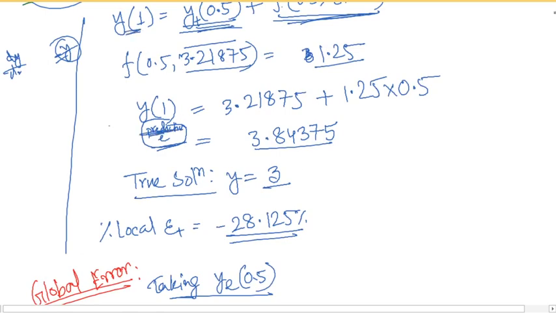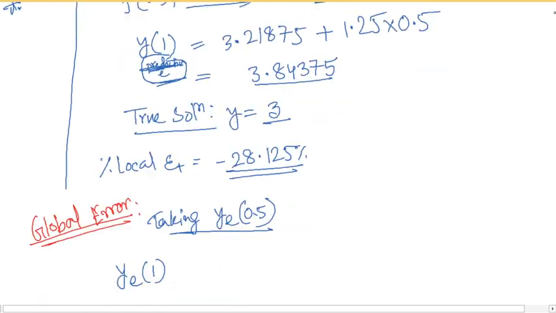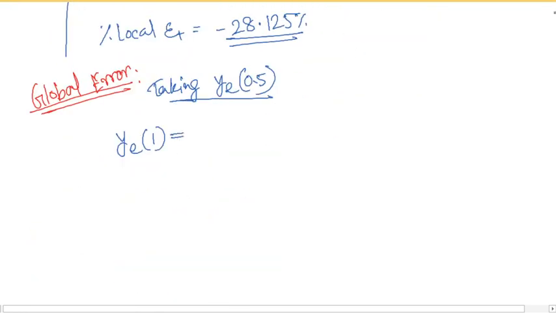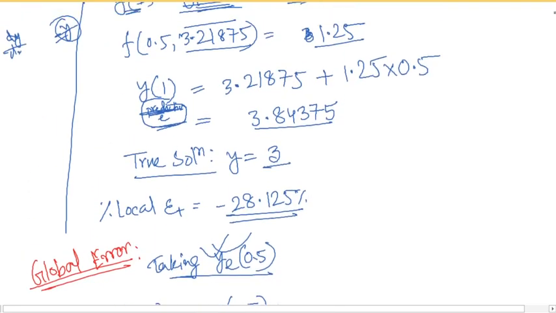This was just for local error, but the original Euler method indicates this value, which we'll be getting from Euler, that is the next Euler value. Y Euler 0.5. Now we are using Euler value instead of true value.